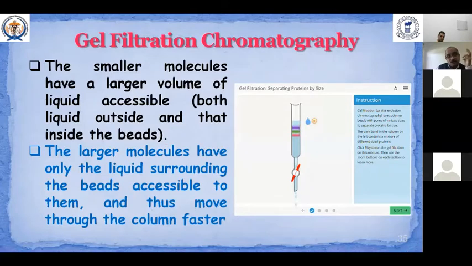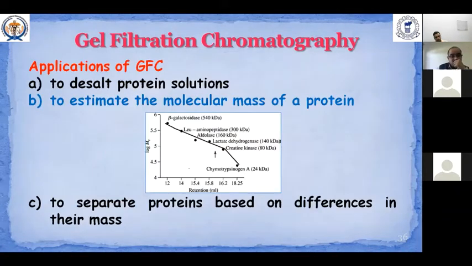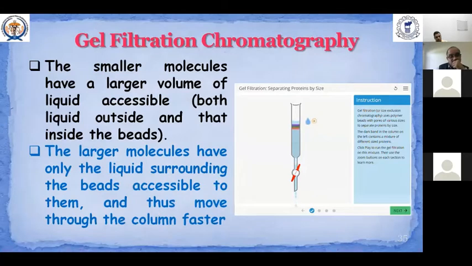So the smaller molecules will be retarded in gel filtration chromatography as compared to larger molecules, and the larger molecules will elute faster than the smaller ones.